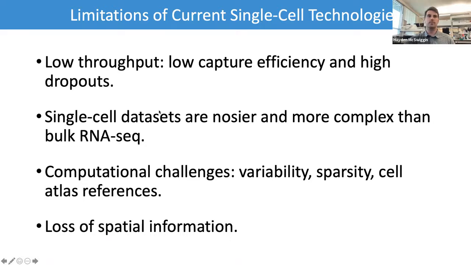So it's a pretty big leap. Another drawback is that single cell data sets are a lot noisier than bulk RNA-seq data. There are some computational challenges to this. And one of the big things is that you lose spatial information.